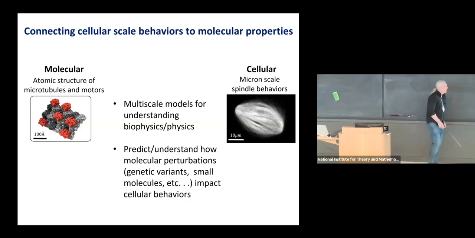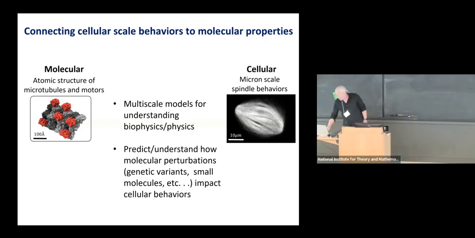And ultimately, we would like to be able to predict, or at least understand, how molecular perturbations impact these cellular behaviors. So, if you have a genetic variant that leads to a modification of this amino acid that has this effect on the free energy of binding of this protein to that protein, how does that impact things at this scale?